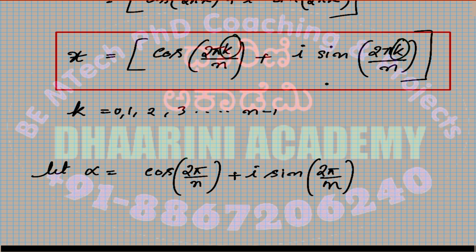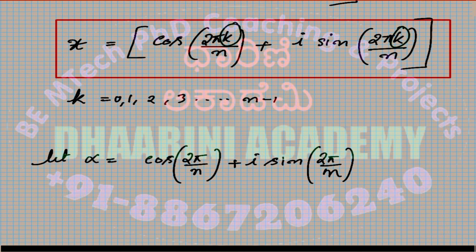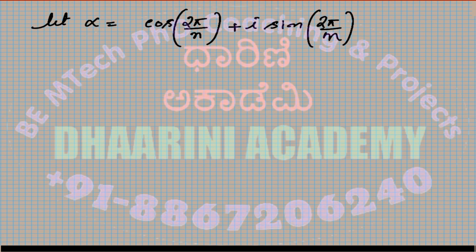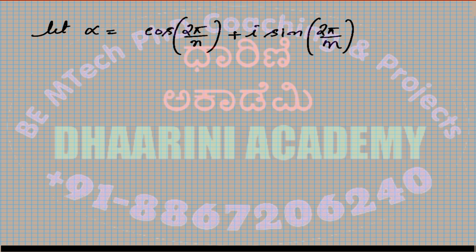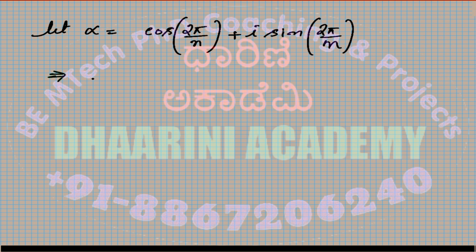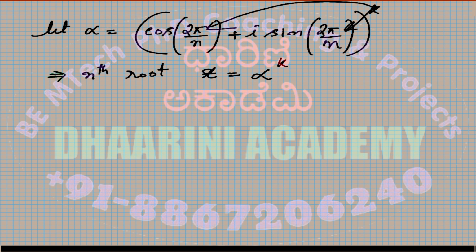Let us assume this is called alpha, and we put k now, because k varies from 0 to n minus 1. Then the nth root x is nothing but alpha to the power k, because alpha to the power k is this raised to the power k. k comes back into place.